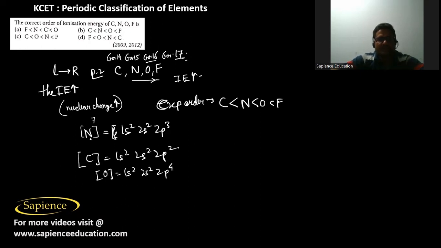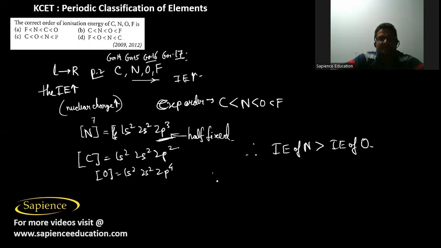In nitrogen the 2p orbital is half filled, so it is more stable than the electronic configuration of oxygen. Therefore, the ionization energy of nitrogen will be more than that of oxygen. So there will be one jump here, and the correct order will be carbon less than oxygen less than nitrogen less than fluorine. So option C is the correct answer.